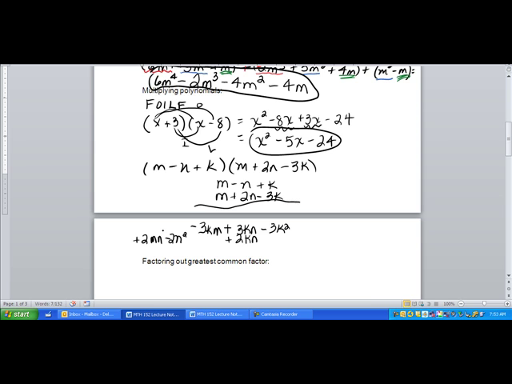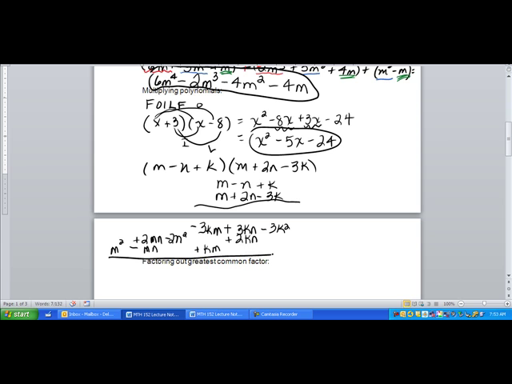Okay, now I go to the m's, and let's do m times k, so that's positive km. M times negative n would be negative mn, and m times m would be m squared.